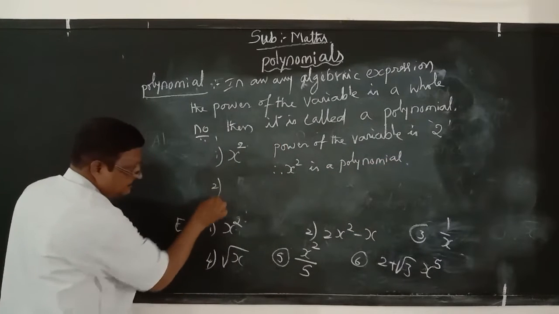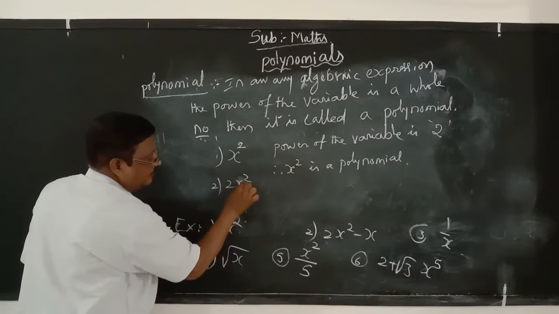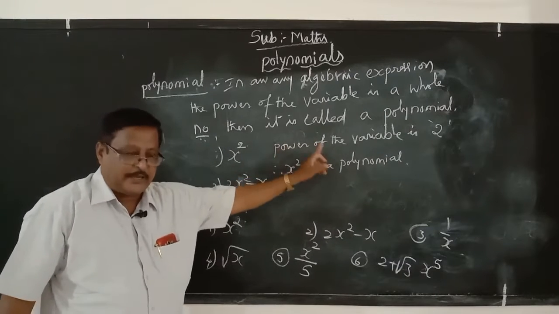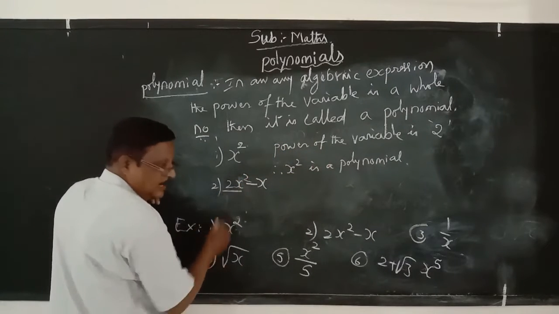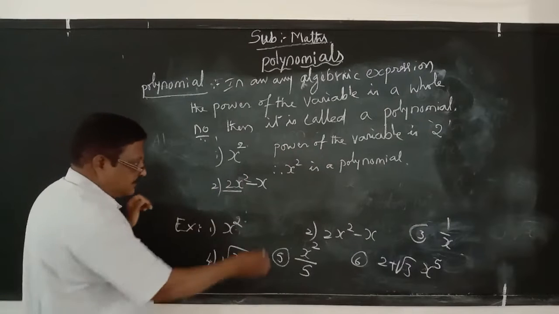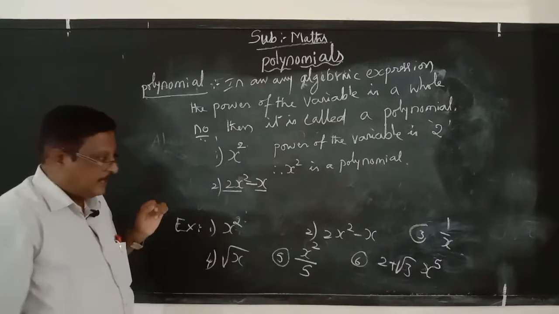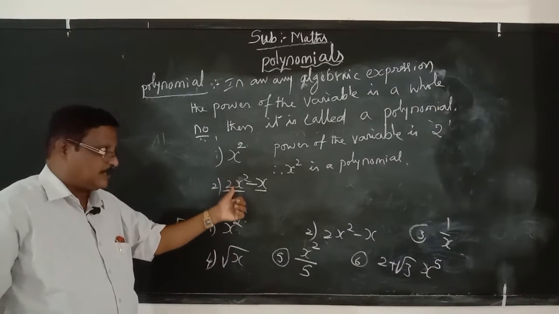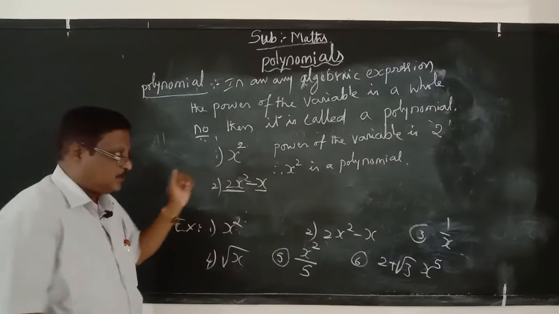Second example, 2x square minus x. This is the first term, here the negative sign is there, this is the second term. In the first term the power of the variable is 2.